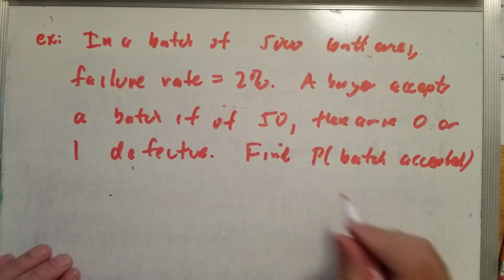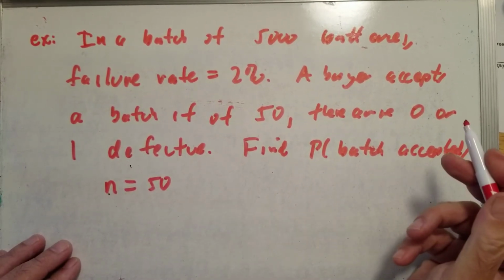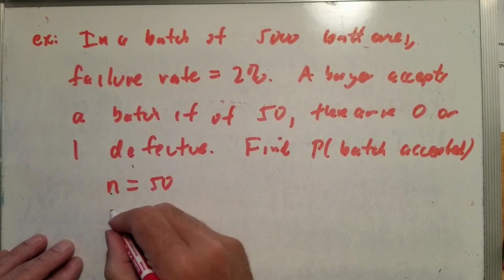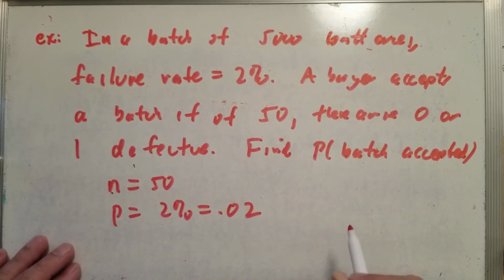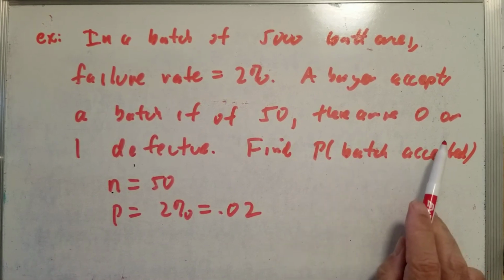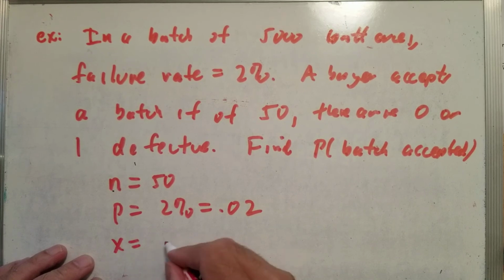So this one, the N is 50 for the number of batteries. Actually, it's the failure rate, that's the probability of success, is 2%, which is 0.02. And if there were 0 or 1 defective, we could say that the X is at most 1.